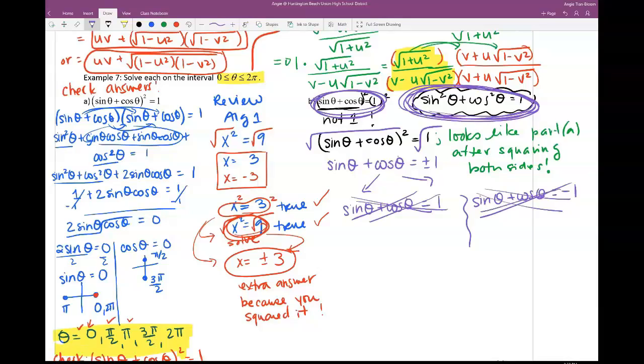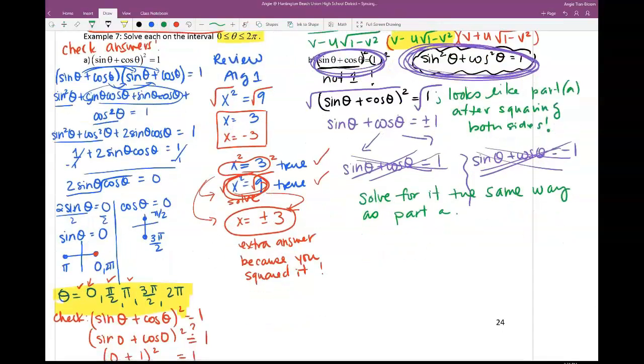Now, let me talk to you about what to do next, okay? So we solve for it the same way as part A, okay? When you solve for it the same way, you have theta equals 0, pi over 2, pi, 3 pi over 2, and 2 pi.